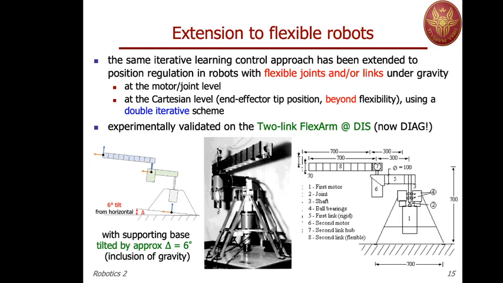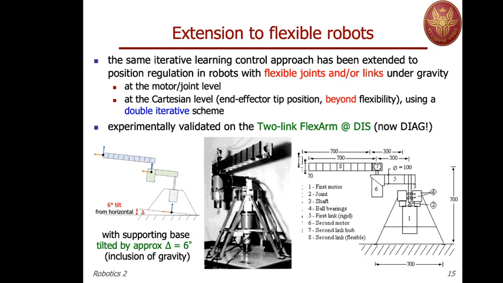Iterative control can be used to regulate in those types of robots either the motor position, if you have the flexible joint case, or the base of the flexible links. So it's like when you're having a long beam and you're controlling the base of the beam, not the tip.